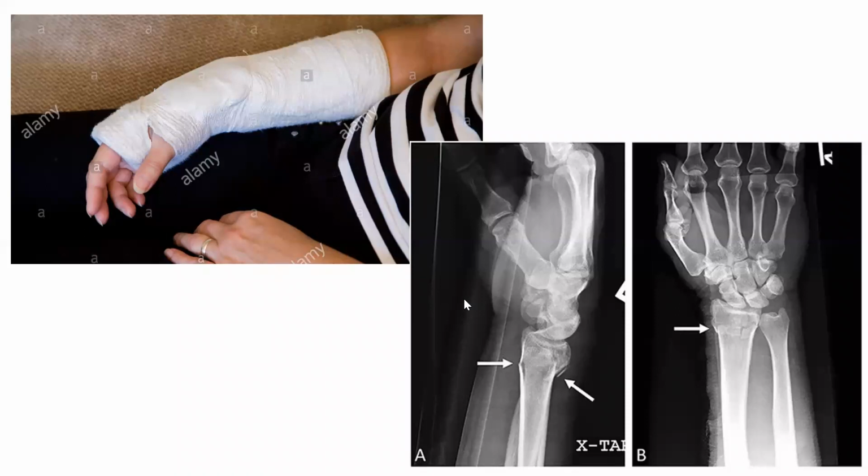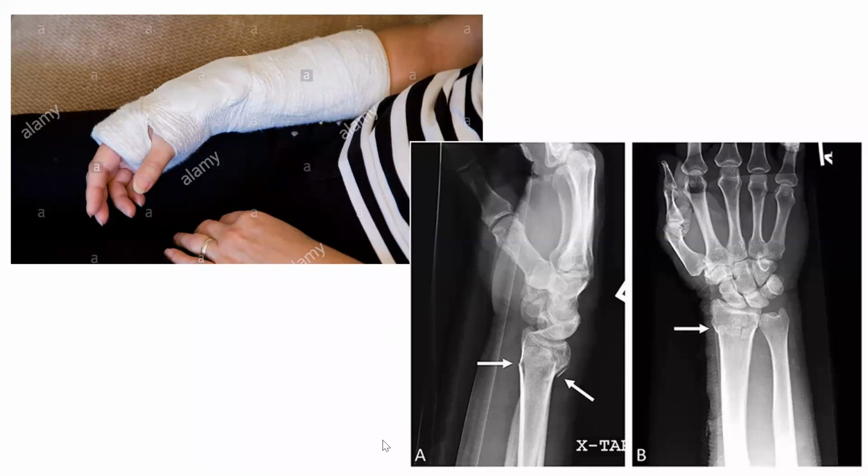Can you see on the dorsal side there's an overlap between the proximal and distal fragments? That means the distal fragment is driven into the proximal fragment, therefore there's some shortening also. So three basic features: shortening, dorsal angulation, and lateral deviation. So this is called Colles fracture, one of the commonest fractures.